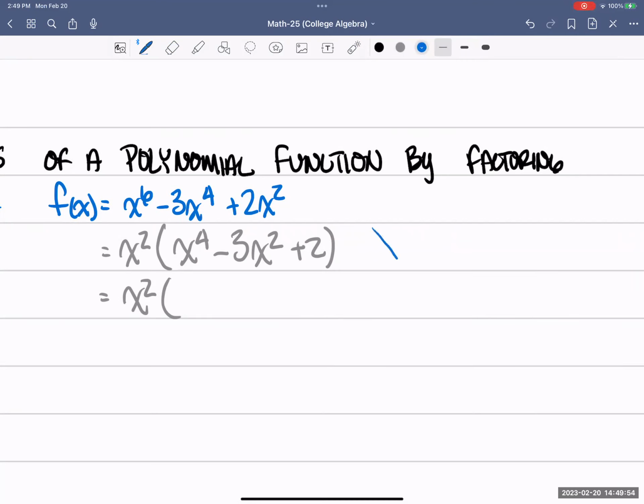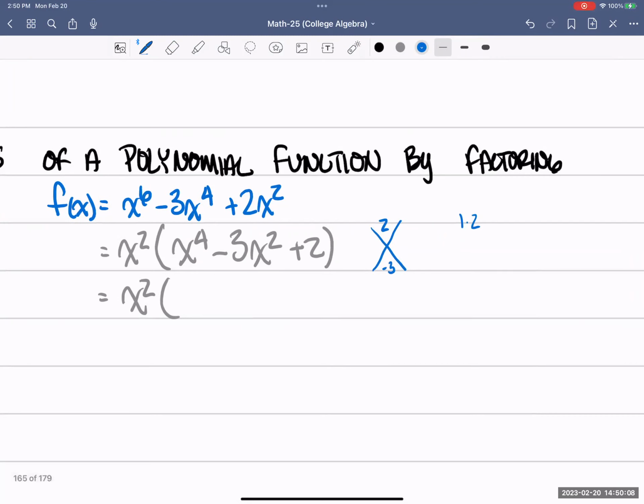So we're looking for 2 numbers that multiply to 2 but add to negative 3. So factors of 2 are 1 times 2, and there really isn't anything else other than that. 1 times 2 gives us 2, but it gives us a positive 3. If we make both of these negative, we have what we're looking for. So negative 1 times negative 2 gives us a positive 2.